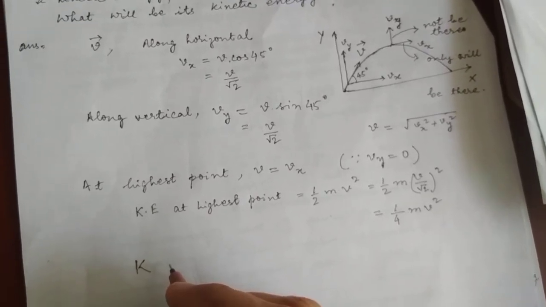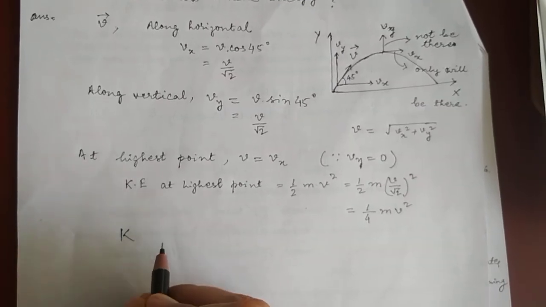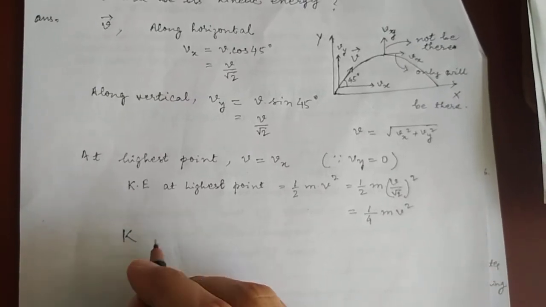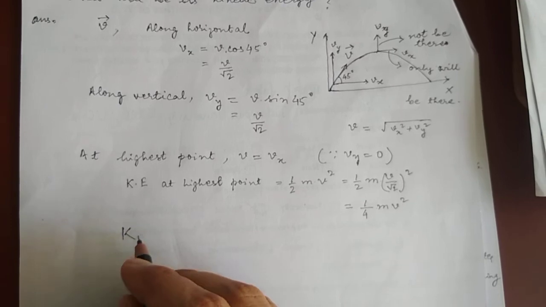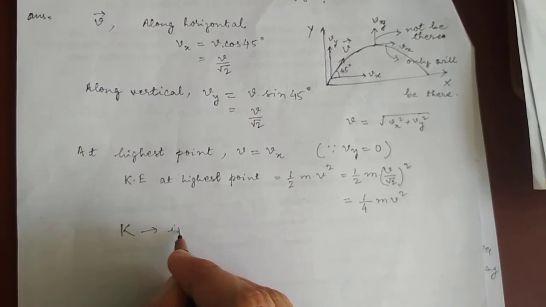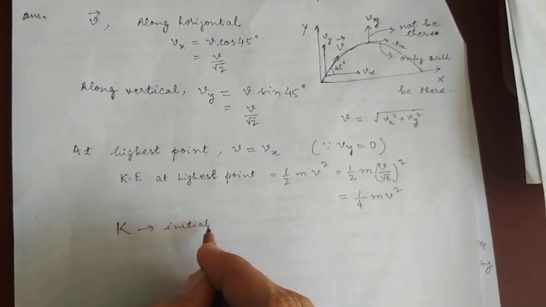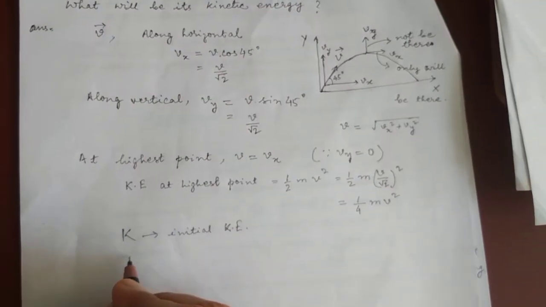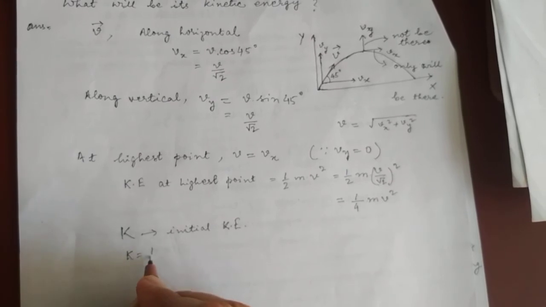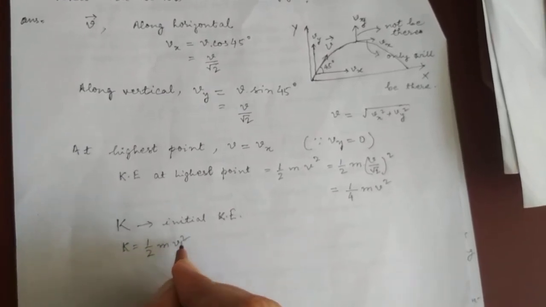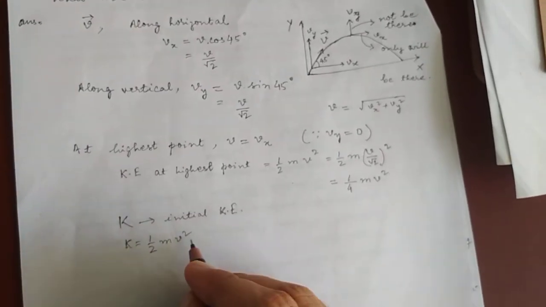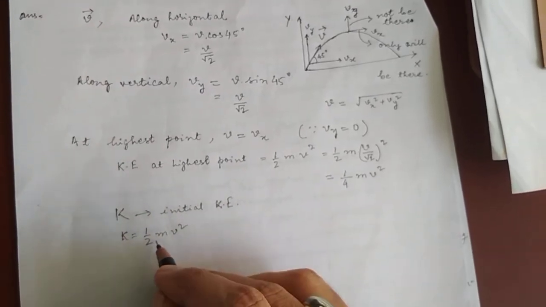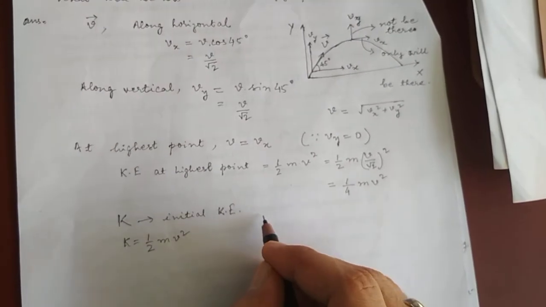So in terms of K, what we can write, this is the initial kinetic energy, and K is equal to half m v square. This was the initial velocity magnitude square, and we have kinetic energy K equals half m v square.